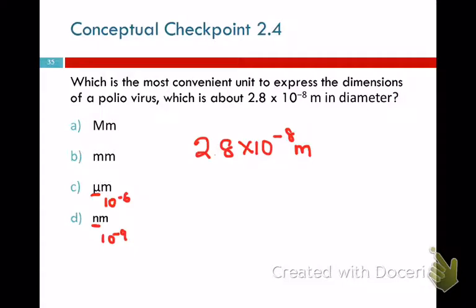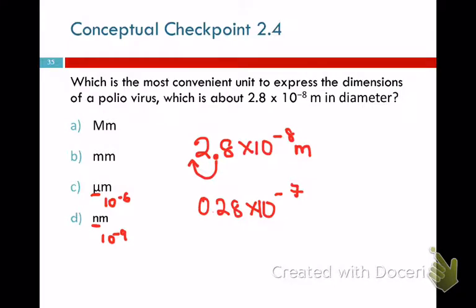If I take 2.8 and move the decimal to the left, it becomes 0.28 times 10 to the minus 7.